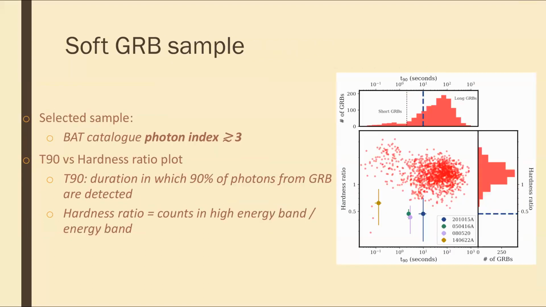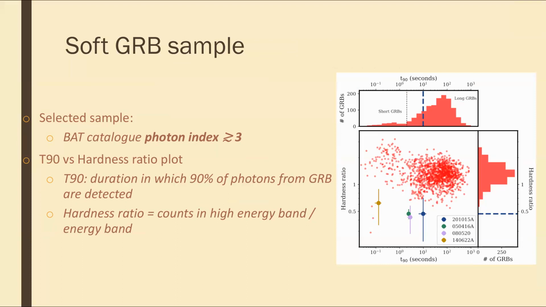Based on the soft prompt emission, we've compared it to a few others which have a photon index of greater than 3, and we've seen that they lie in the low hardness ratio, and they also tend to have a lower T90 than the mean of long GRBs.